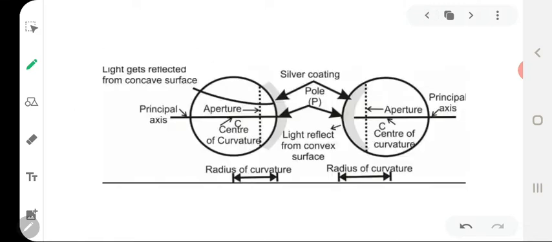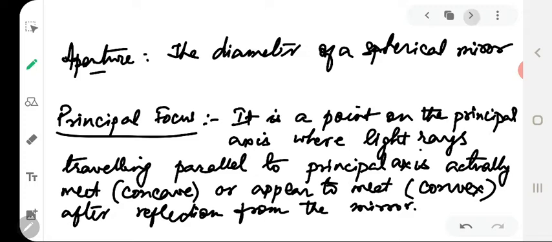So if we go back to the diagram, there is a point on the principal axis in which the rays traveling parallel to the principal axis will converge to, or appear to diverge from. Let us try and understand this with the help of a diagram. Suppose first of all we consider a concave mirror.